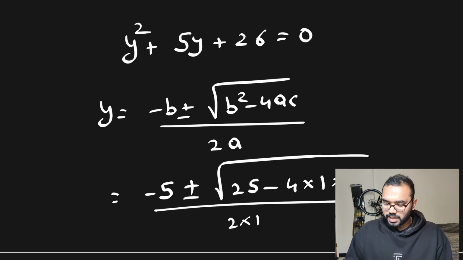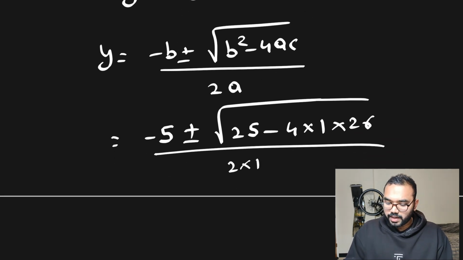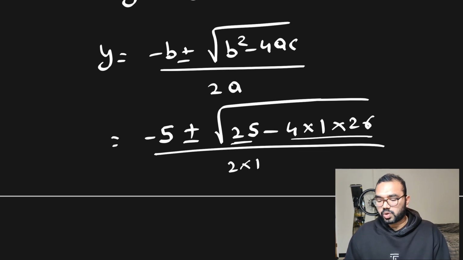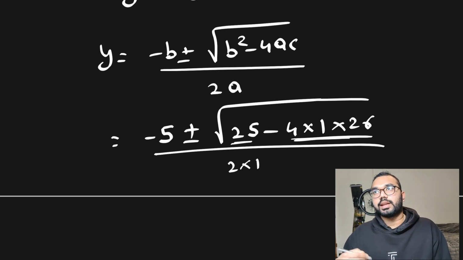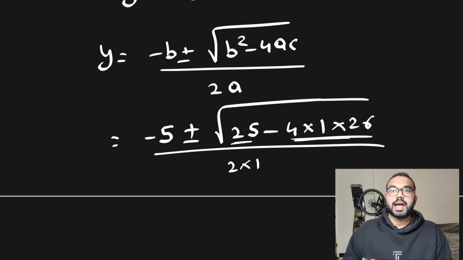Well, if you see in the square root, we have 25 minus 4 times 26. 4 times 26 is definitely larger than 25. So we will get a negative value. The square root of a negative value, we're gonna end up having a complex number.